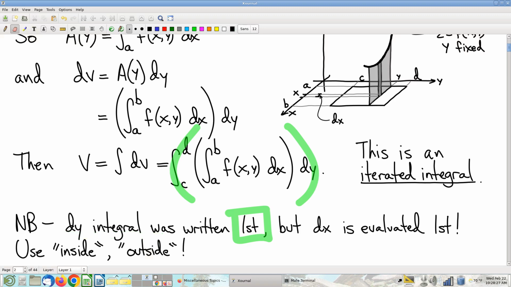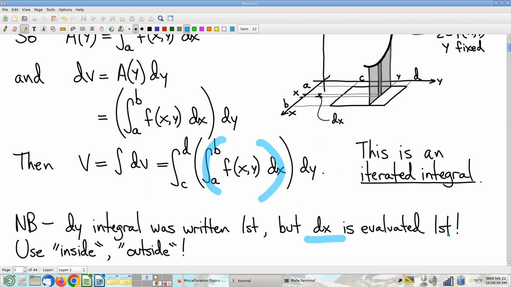But when you get around to evaluating this thing, and we're going to do one in just a moment, you have to do the dx integral first. Namely, the inside integral is the one that's computed first, because I can't do the dy integral yet. Until I've computed this dx integral, I don't even know what the integrand is for the dy integral. That make sense? You kind of have to develop outside in, but you compute inside out.